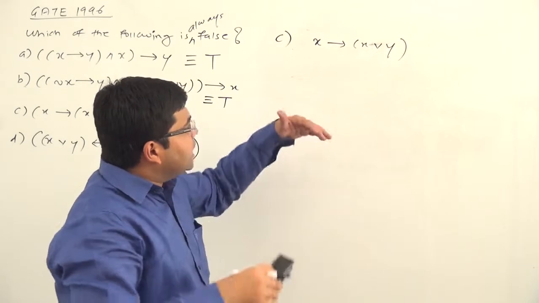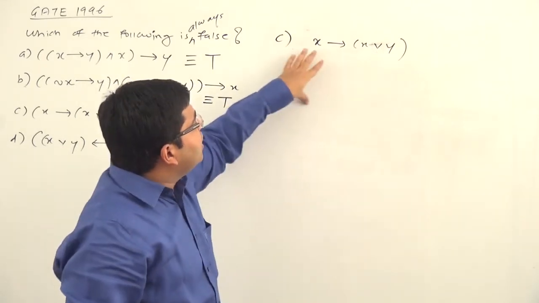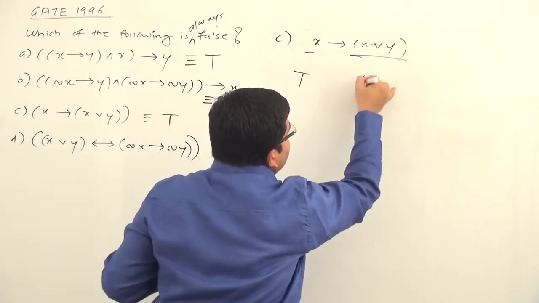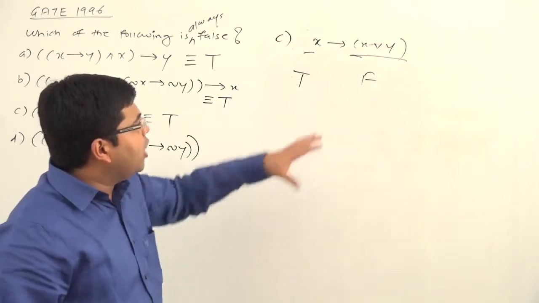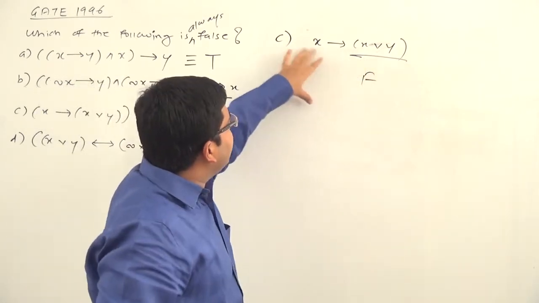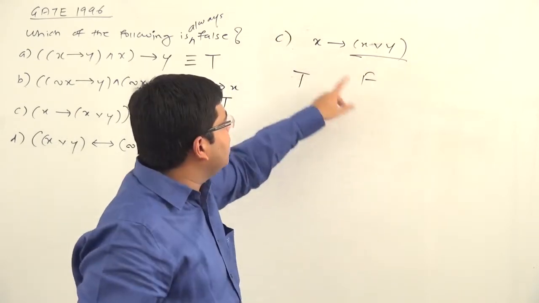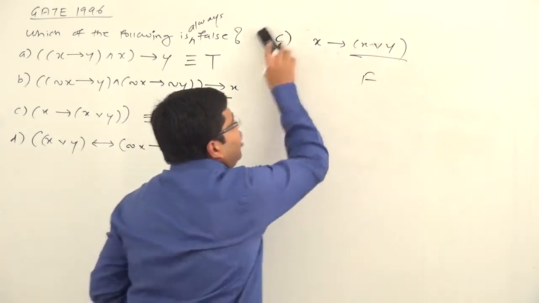Okay, assign such a combination of truth values to x and y such that your left hand side becomes true and right hand side becomes false, and you cannot do that. We have already seen you cannot have any combination such that this x is true and x or y is false. Simply that is not possible because of x being true, and that is why C also cannot be the answer.